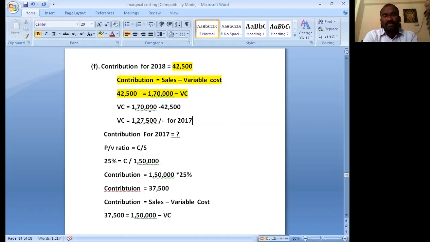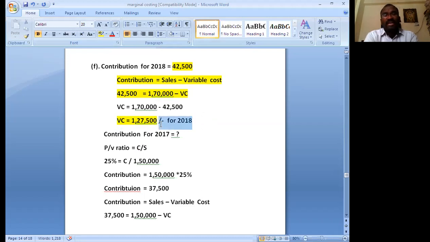So variable cost comes to the left side, with the sign changed. Variable cost equals 1,70,000 minus 42,500. The difference you get is 1,27,500.